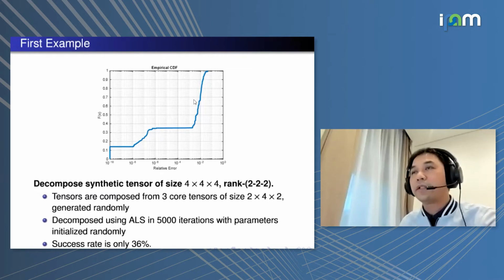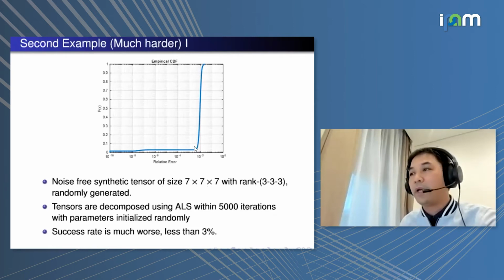Let's go to a second example. It's much harder. We test with a tensor of the size 7 by 7 by 7, and the rank is still small, only 3 by 3 by 3. But if you unfold a core tensor in this case, it will give you a matrix of the size 7 by 9. We do something similar: we run ALS for 5,000 iterations and initialize the parameters randomly.